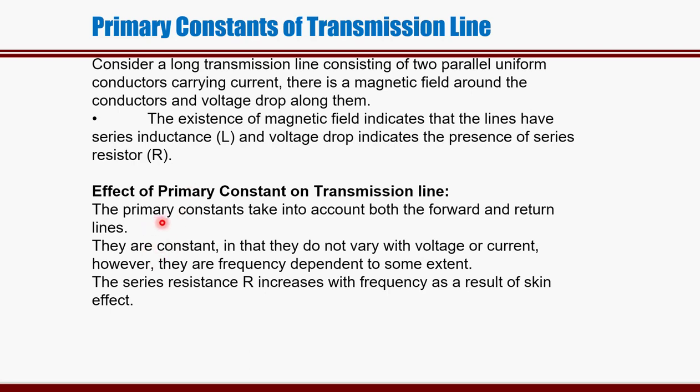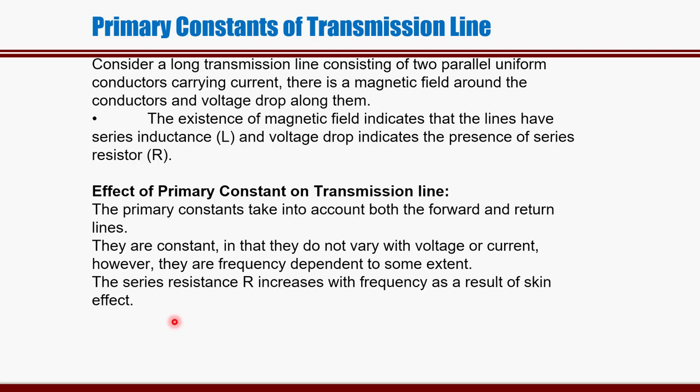What are the effects of these primary constants on the transmission lines? The primary constants take into account both forward and return lines. They are constant in that they do not vary with voltage and current. However, they are frequency dependent to some extent. They are present whenever a signal is transmitted from one end to another and again from the receiving end back to the sending end in the backward direction.